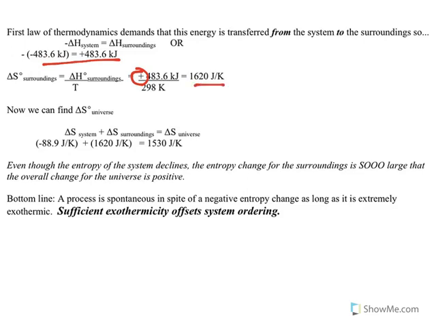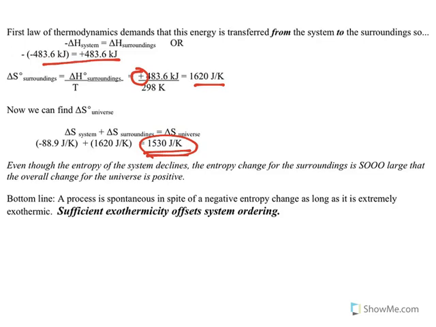And overall we get a positive 1620 joules per Kelvin. And so we can go ahead and find that delta S for the universe, and we do see that when we take hydrogen and oxygen and burn them and they create water, they will actually create a positive 1530 joules per Kelvin for the universe.